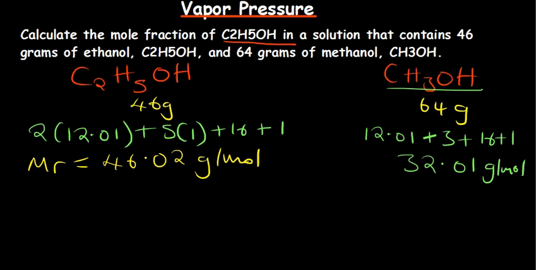So we've determined the molar masses. These are just basic stoichiometric calculations. So let's find the number of moles. The number of moles is the mass divided by the molar mass. I'll start from the other side: 64 divided by 32.01, I have 1.999 moles. And then this side, 46 divided by 46.02, that's just like 1, so 0.999.